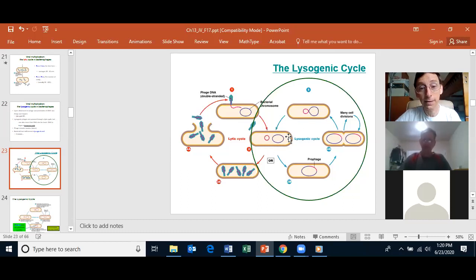And now we're like this. And the repressor protein stops functioning or gets blocked, so it's no longer active. And then the lytic genes of the virus become expressed, and then we enter the lytic life cycle.